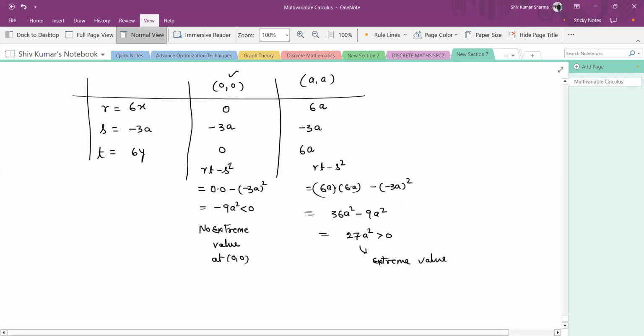But we have to check the type of extreme value. That means we look at the value of r. The value of r here is 6a, which we consider as positive.